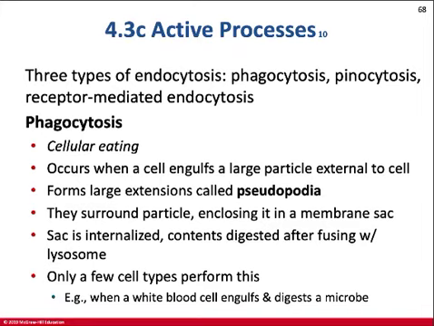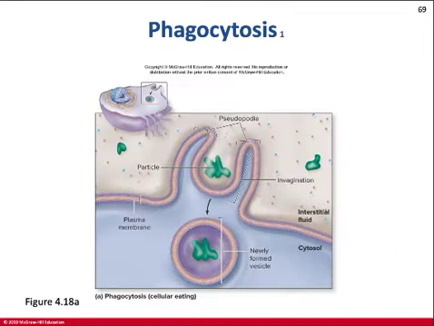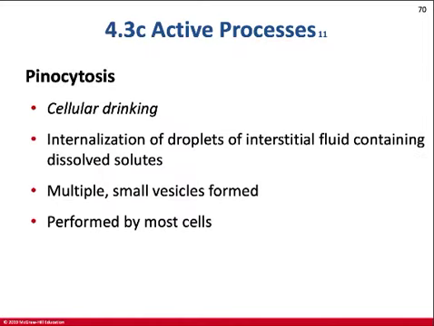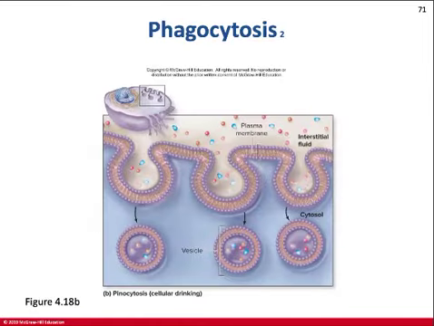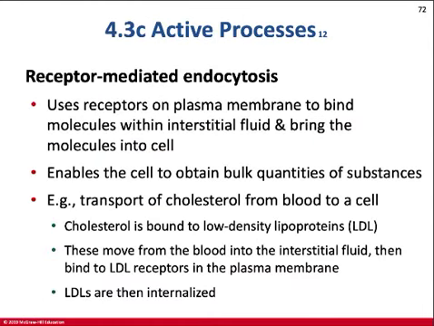And then some of those breakdown products are ejected from the cell. Some of them are displayed on the cell surface to warn the immune system that there is an infection. Okay, and some are repurposed to build cellular components.